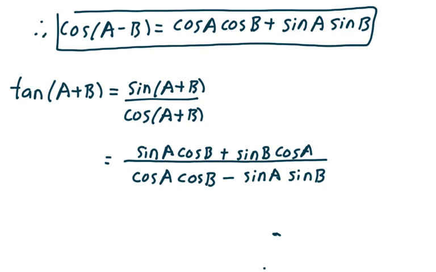Now, what I want to do is divide the numerator and denominator by cosine A cosine B. And I want you to watch what happens. So let's write this down again.